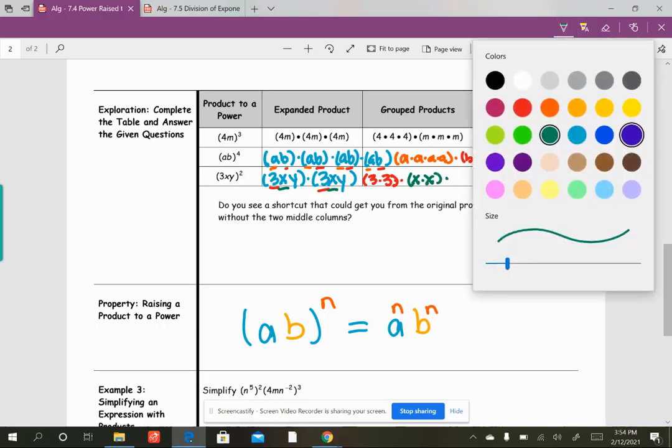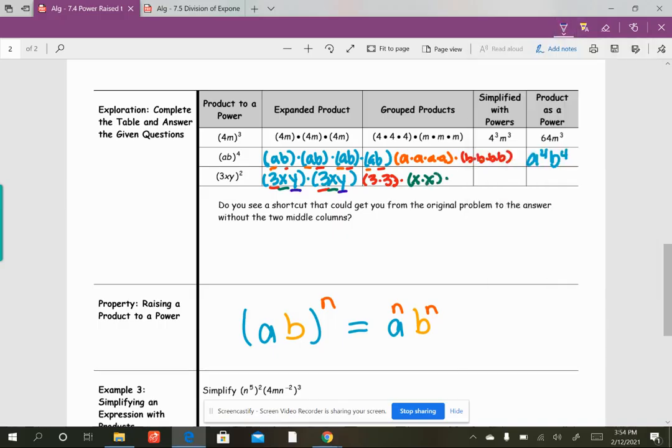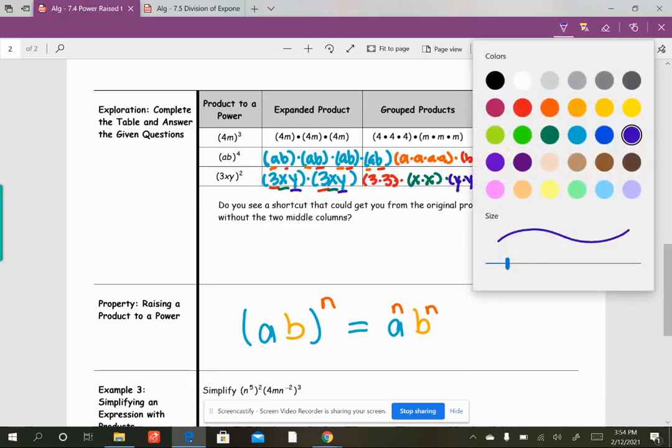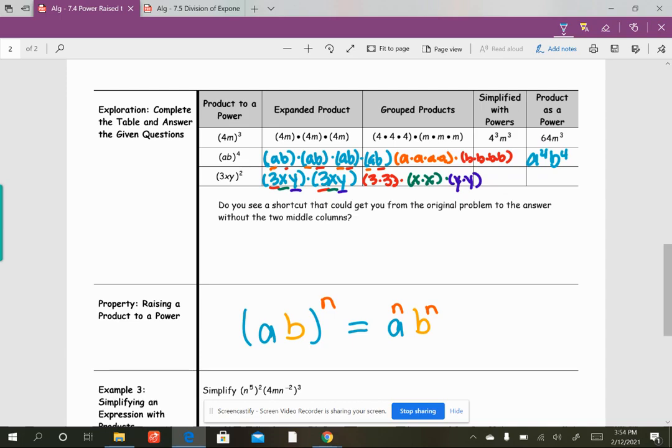You are essentially combining like terms. And then I have y and y. So we have 3 squared, x squared, and y squared. Then for our final product, we simplify 3 squared, which is 9. X squared and y squared stay the same.